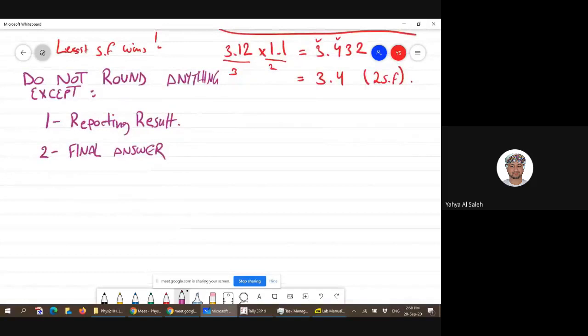Okay, so let me give you a physical example. We will use a very simple example.